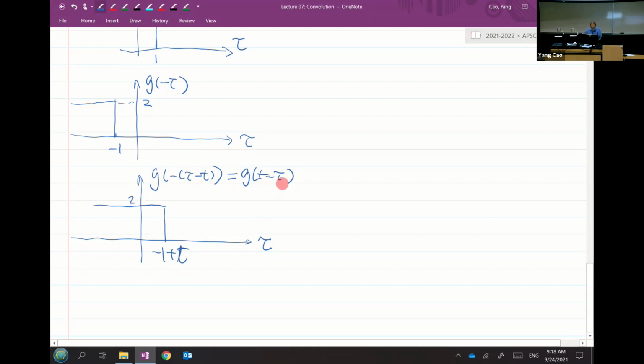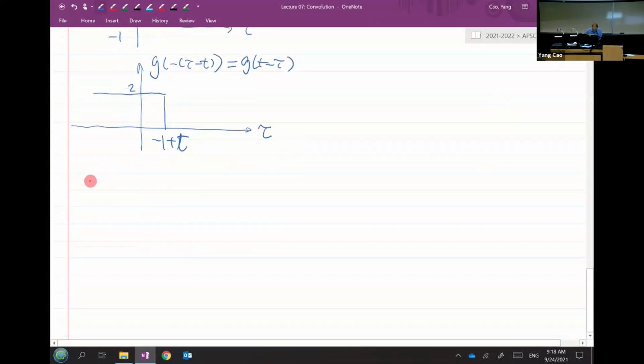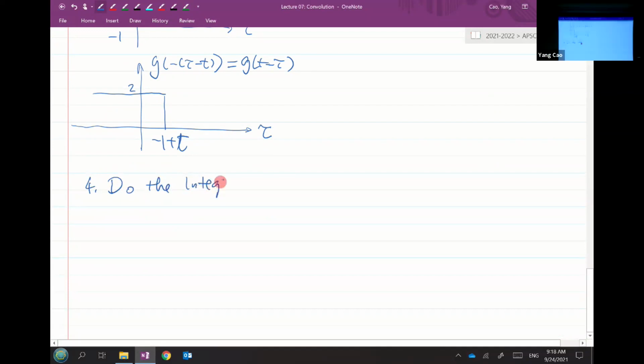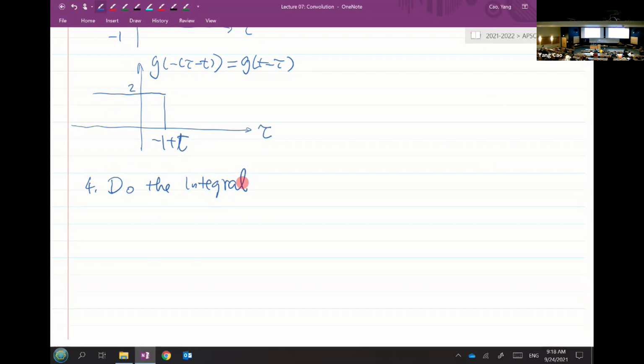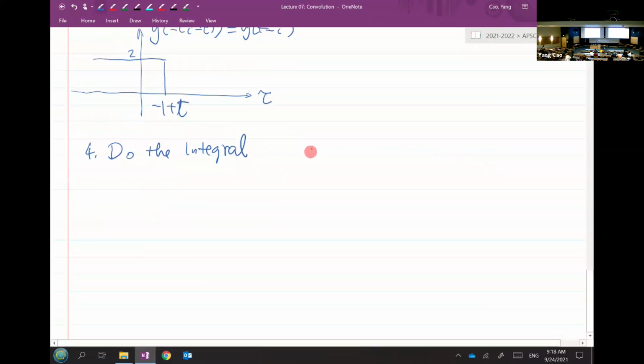Okay, so the next step, which is number 4, we're going to do the integral now. We'll get back to the integral because we found graphs of both f of tau and g of t minus tau. Remember the integral is 0 to t of f of tau, g of t minus tau, d tau.